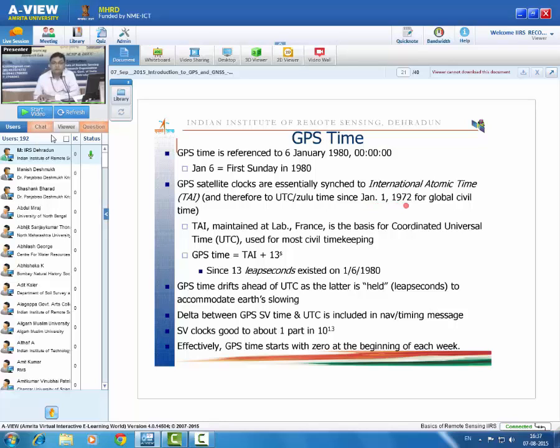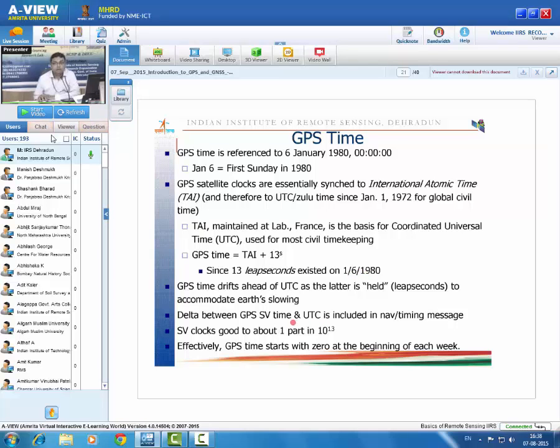It starts from January 1, 1972, but the GPS time is referred from 6th January 1980, and there is a difference of around 13 leap second on 6th January. Because it is a variable term, this difference changes with time. So GPS time is actually international atomic time plus 13 leap seconds on 6th of January 1980.